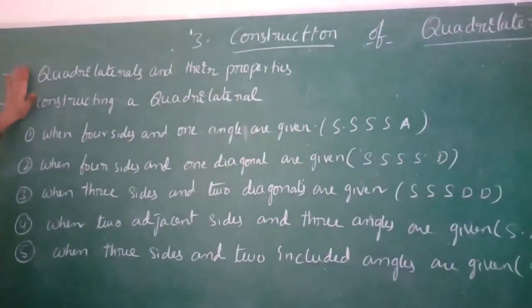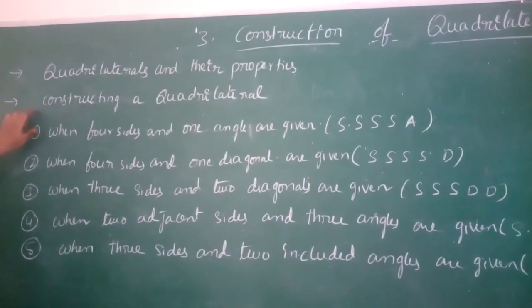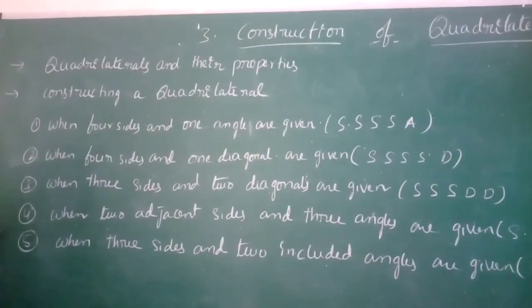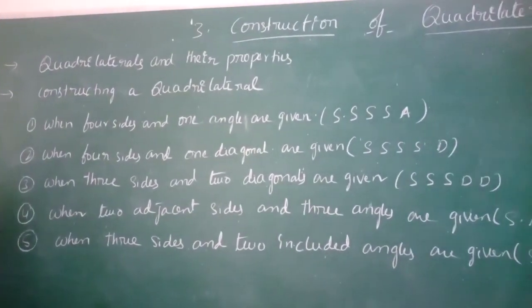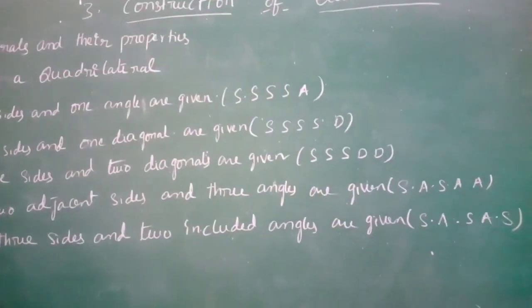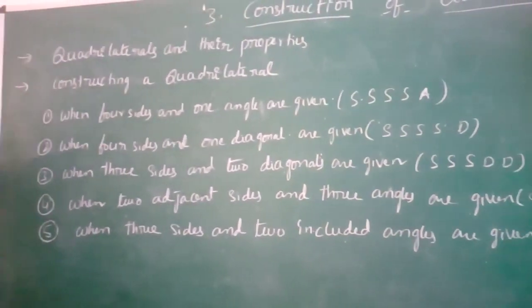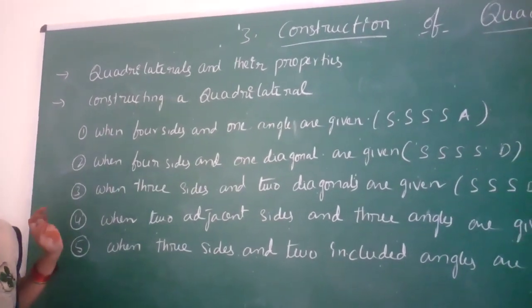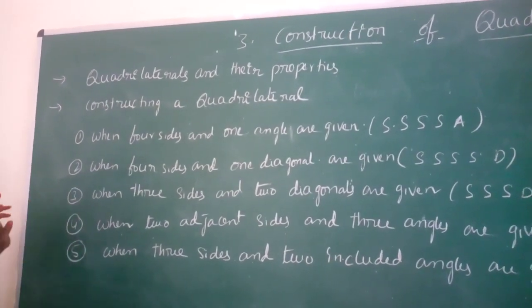So in this chapter we know these two concepts. In the second concept, these 5 are the methods to construct a given quadrilateral. So the first one is quadrilaterals and their properties.